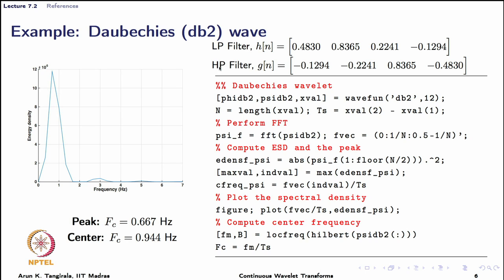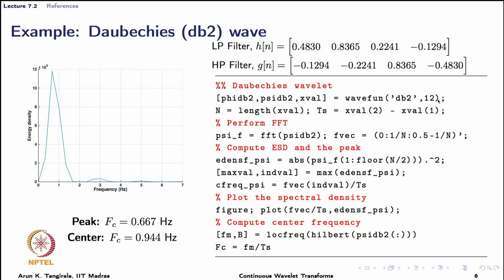The other interpretation is that this Daubechies wave has 2 vanishing moments, and the vanishing moments have to do with the wavelet's ability to detect discontinuities in a signal and its derivatives. Again, we shall learn formally the concept of vanishing moments and the properties of wavelets in a different lecture. For now, let us stick to this particular wave called dB2.